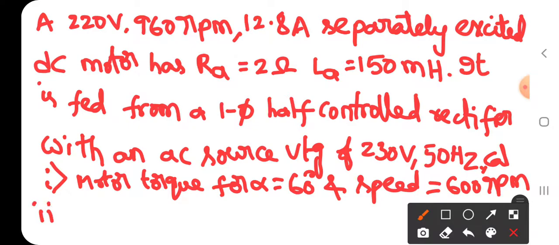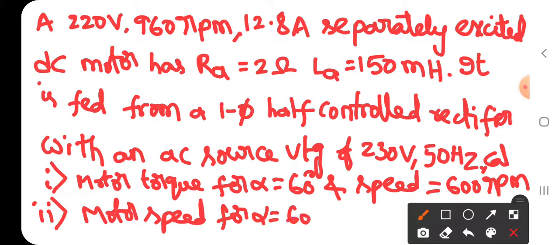And second one, motor speed for alpha equal to 60 degrees and torque equal to 20 Newton meters. Assume the current is continuous.